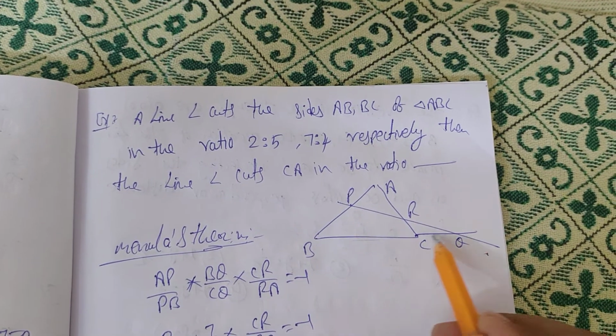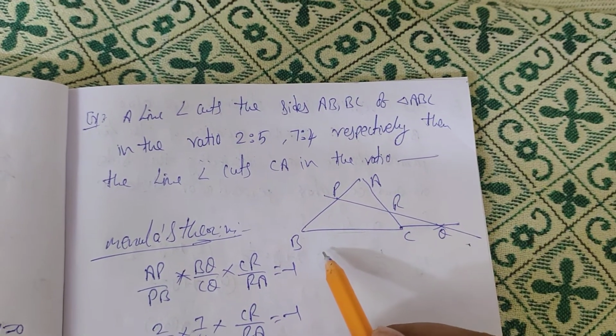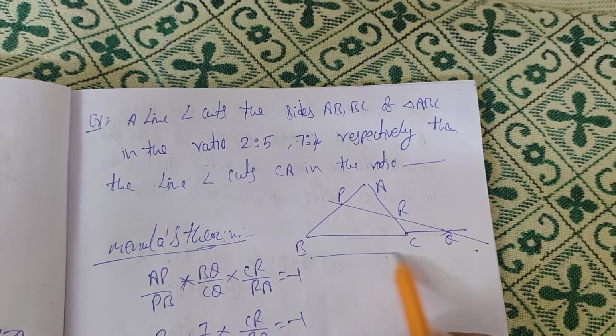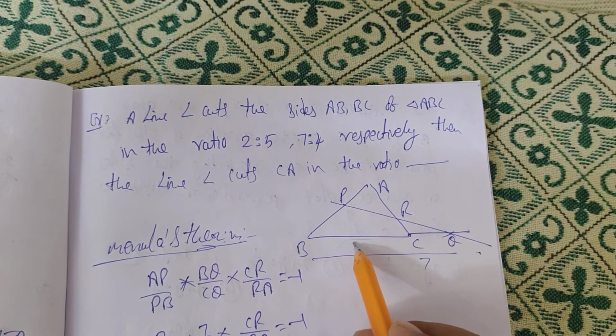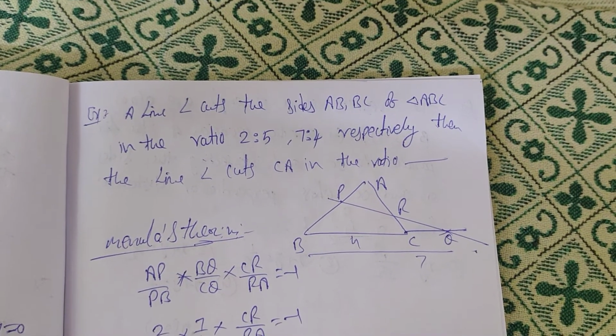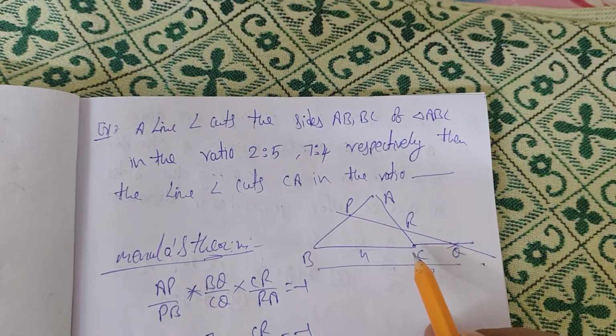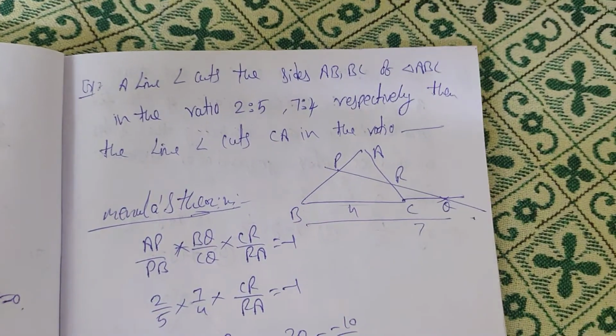BC we should extend. So this is 7:4, meaning BQ is 7, BC is 4. And next, the line L cuts CA in the ratio. Now he is asking to find CR is to RA.